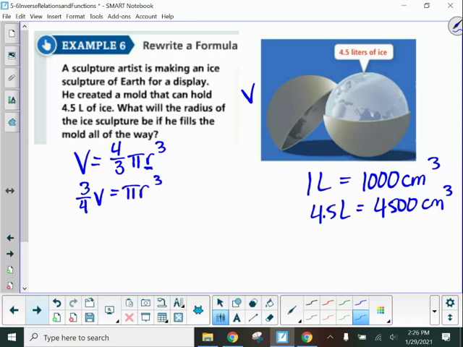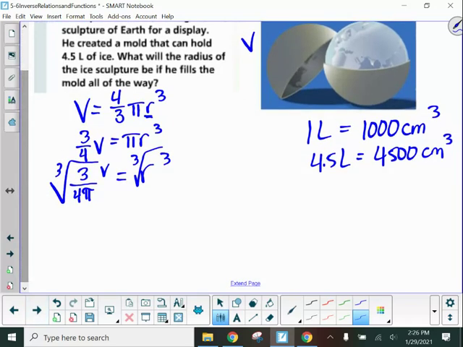When you divide, it's going to go on the bottom of your fraction. The v would stay on the top of the fraction. And then you take the cube root of both sides. So r is going to equal the cube root of 3v over 4 pi.